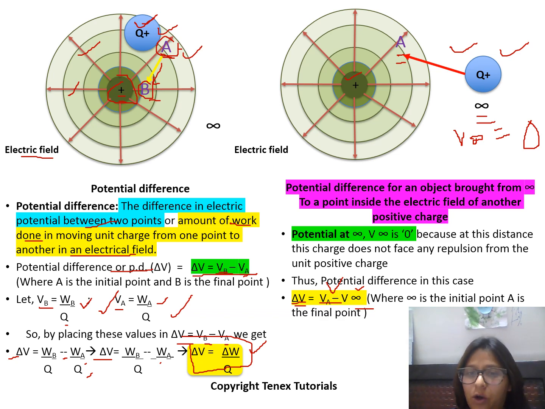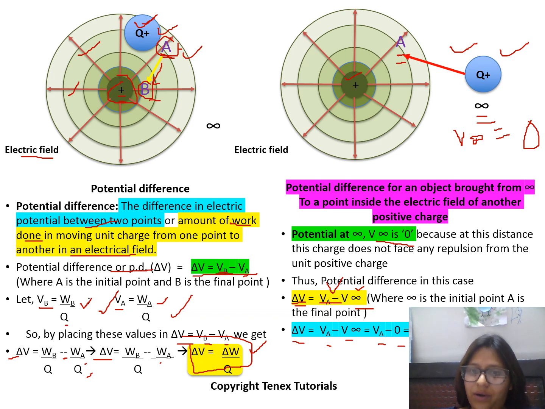We also know that V infinity is equal to 0. Substituting, delta V is equal to VA minus V infinity, or VA minus 0, or simply VA.